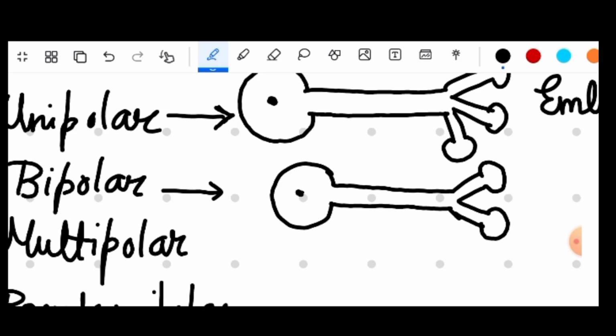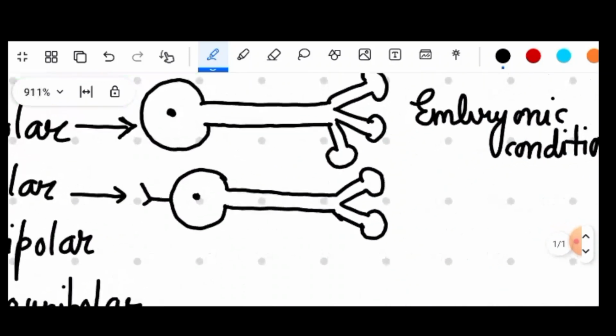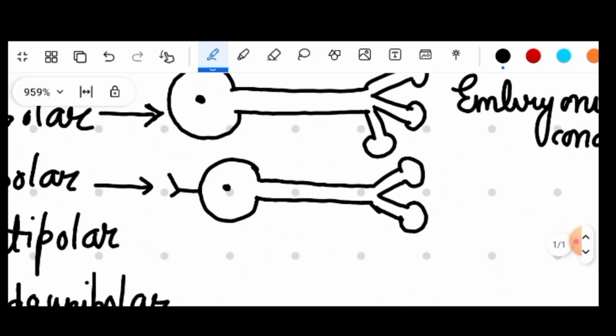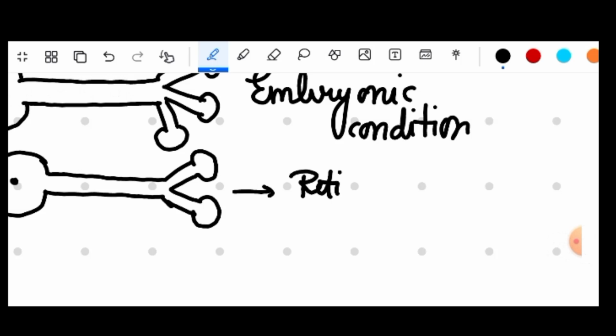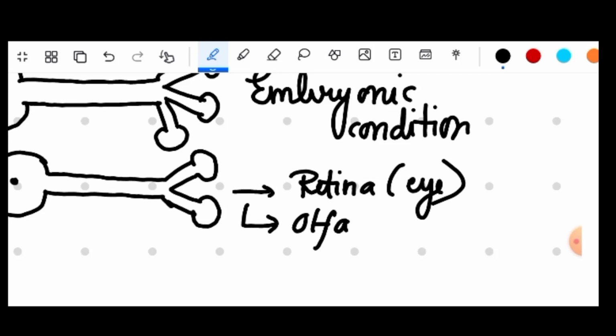So this is the cell body, and here you have the dendrite. So the axon is present and only one single dendrite is present. For example, this is present in the retina, that is in the eye, and the olfactory epithelium. Olfaction means smell.